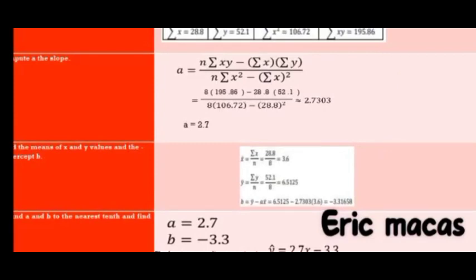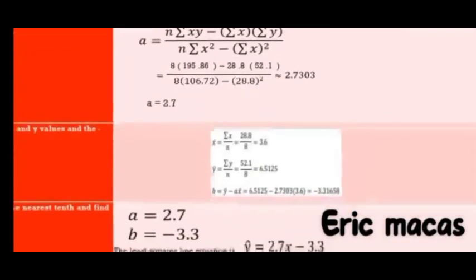This output is used to solve the slope. So this is the result: a equals 2.7303. So this is 2.7.